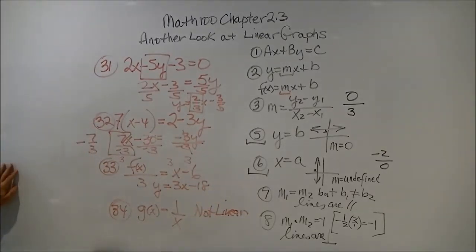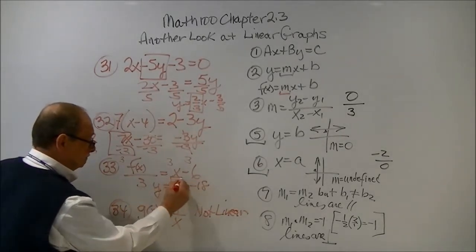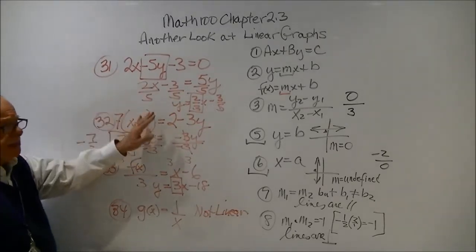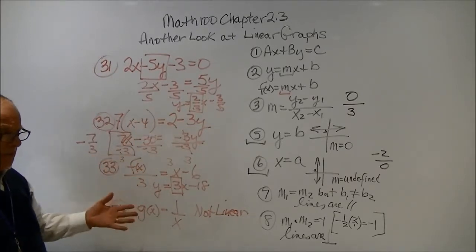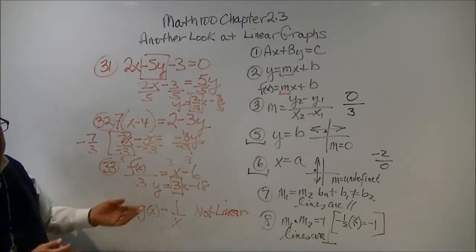So what will our slope be? 3. These are all linear. This one is not linear due to the variable being in the denominator. Again, some of this is a little more difficult than we'll have on our test, but it's stuff that's in our book.